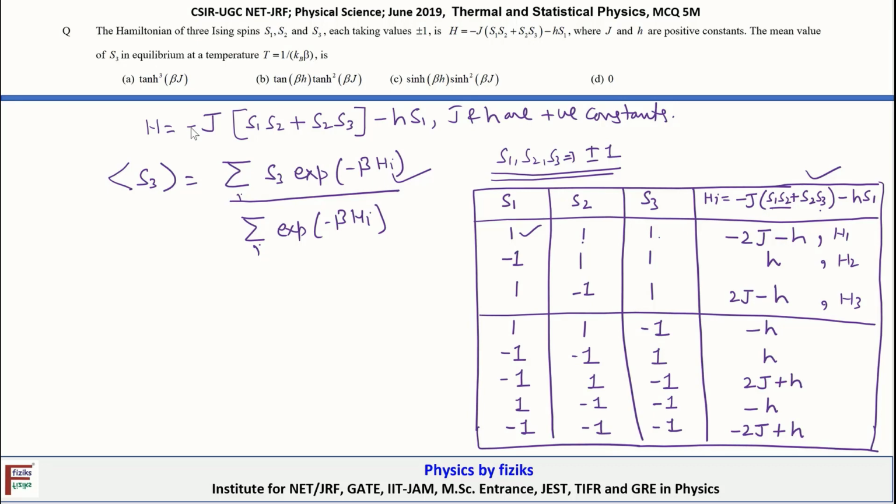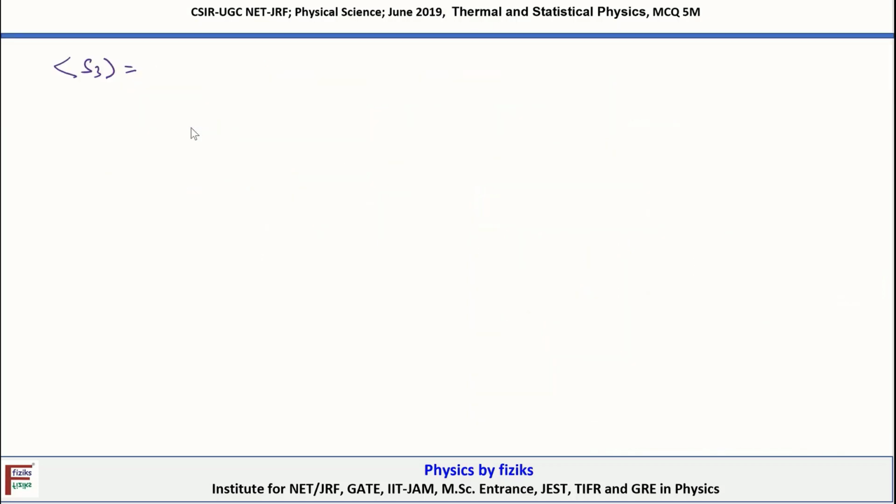Similarly we can call other energy terms H4, H5, H6, and so on. So the average value of S3 is equal to S3, that is 1 for the first case, then exponential minus beta H1. So exponential minus beta H1 will give us exponential beta into 2J plus H.